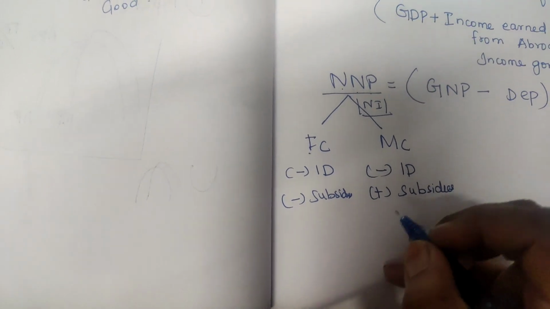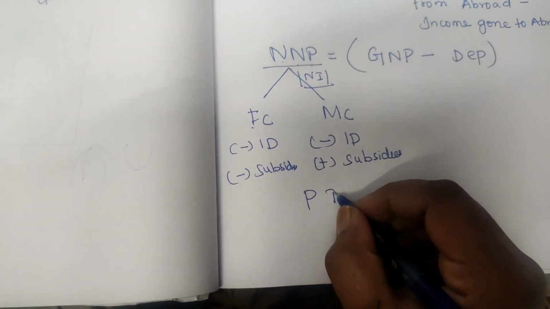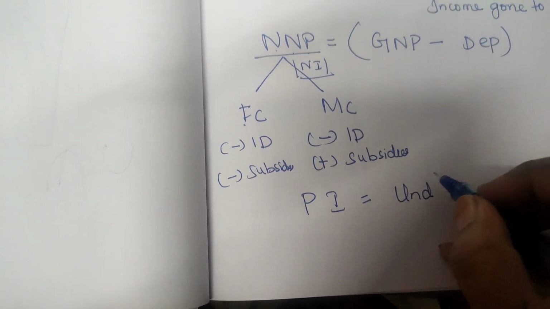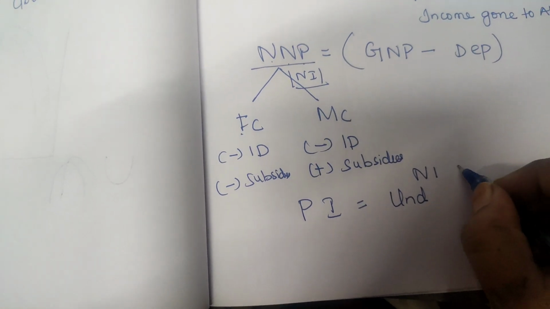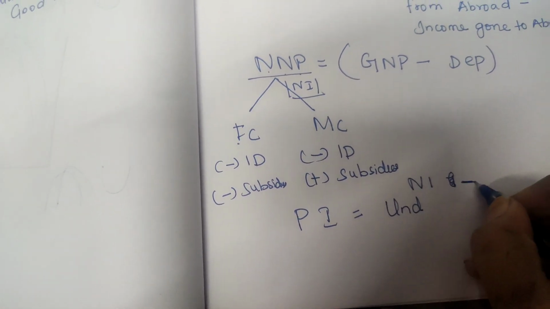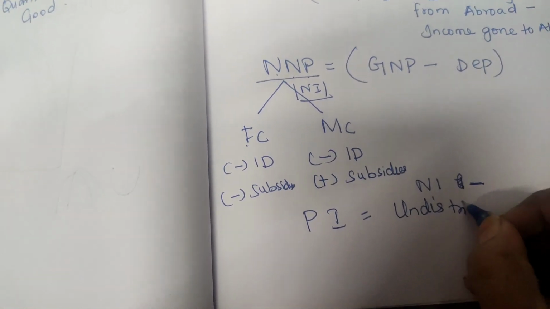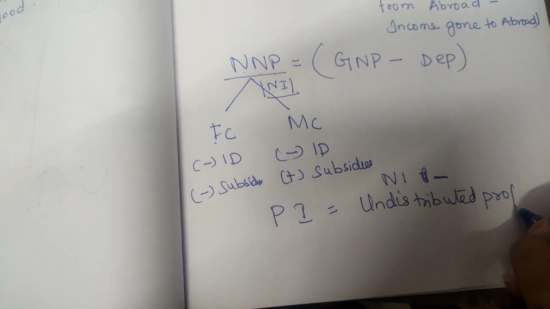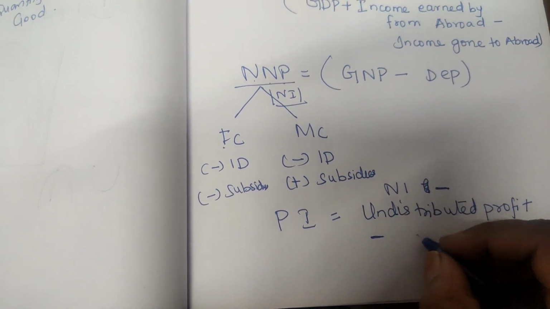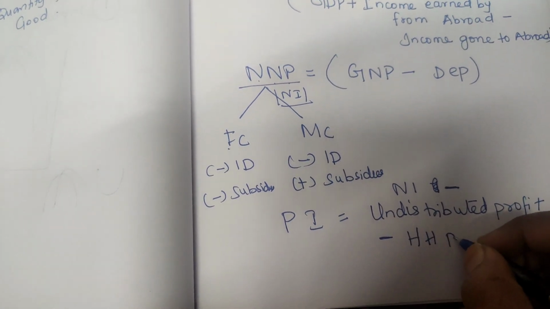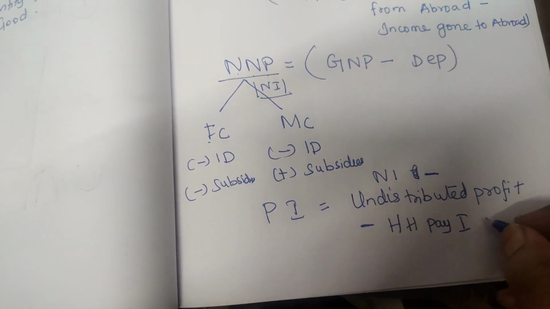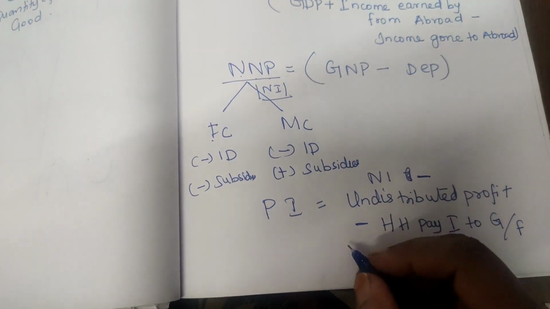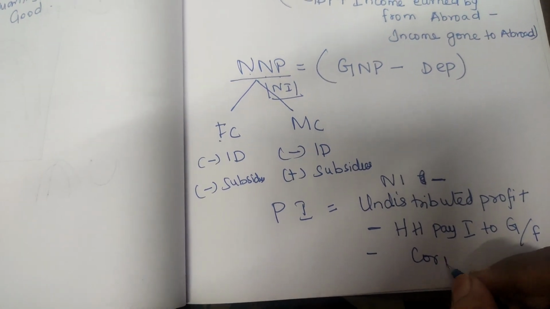After NNP, what we are going to calculate is personal income. How we calculate personal income: national income minus undistributed profit. Why? Because firms keep it as reserve and don't distribute it, so we remove it. After that, minus household interest paid to government and firms, and minus corporate tax.